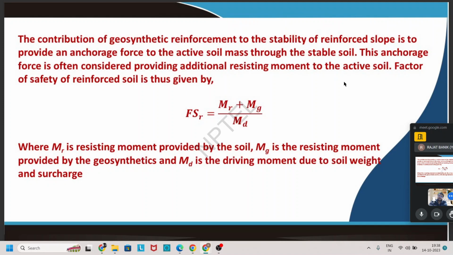The factor of safety of the reinforced soil is thus given by the resisting moment plus the moment created by the geosynthetic reinforcement, divided by the driving moment. This driving moment is created due to the soil weight and the surcharge.